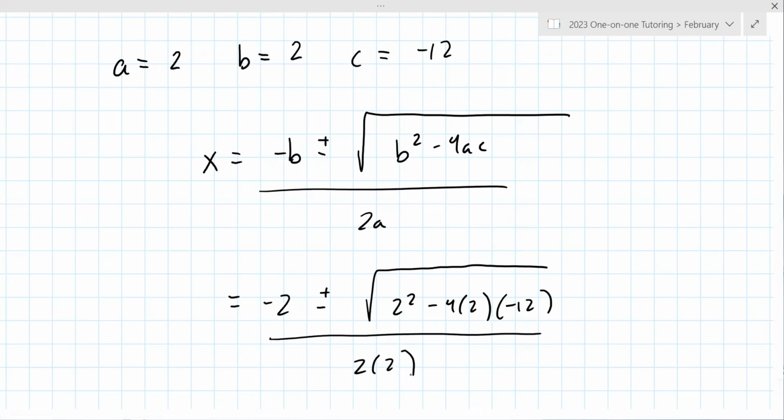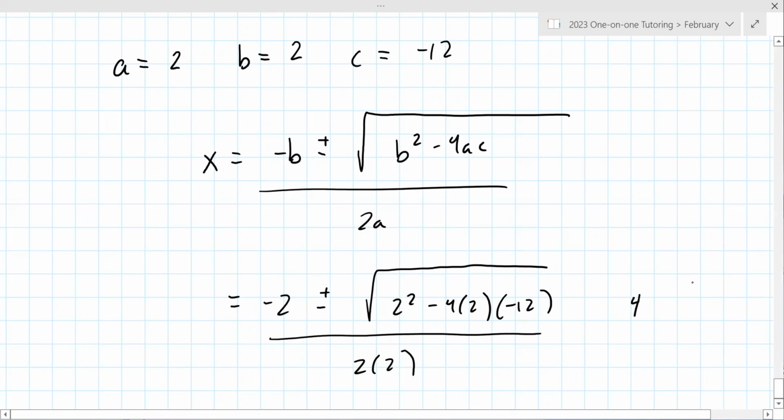Okay, so the part inside the root is really where your focus needs to be. 2 squared is 4. Okay, but now it's 4 times 2 times minus 12. So 4 times 2 is 8. And then that'd be negative 8, right?